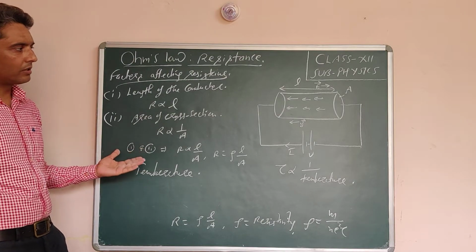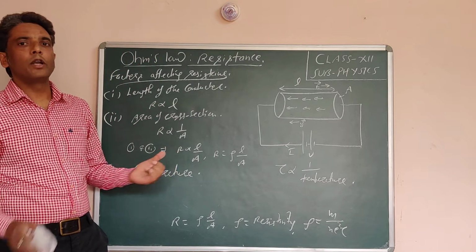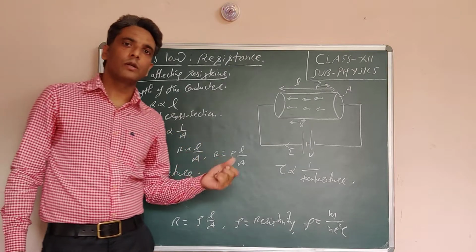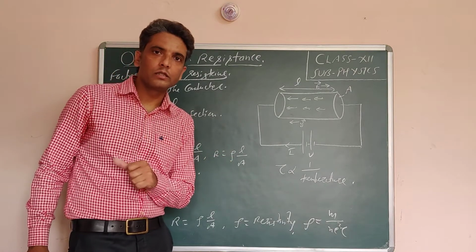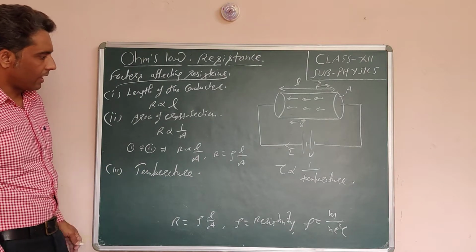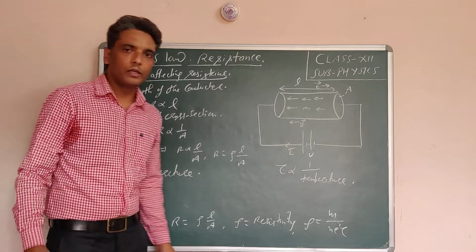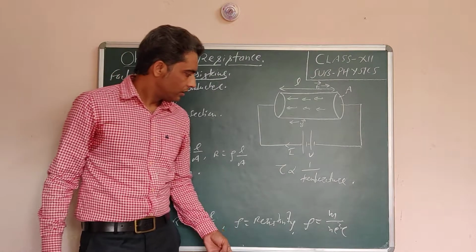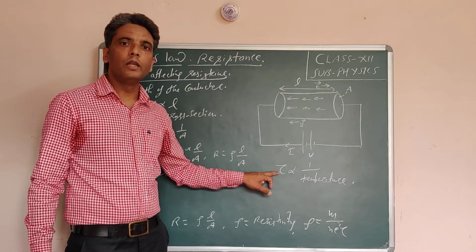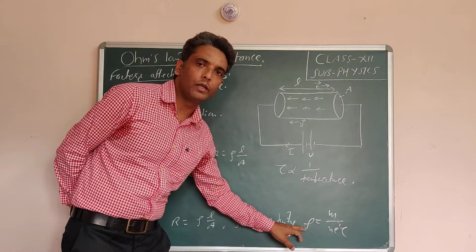The effect of temperature we will discuss in detail. It is different depending upon the material, that is, the effect of temperature is different for conductors, semiconductors, and insulators. As far as conductors are concerned, if we increase the temperature, then we saw that this tau will decrease, and if tau decreases, then resistivity will increase.